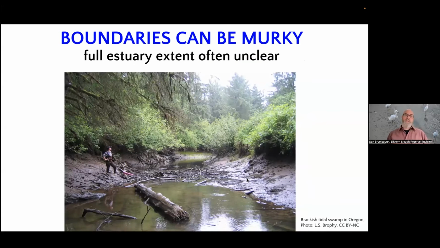Sometimes the boundaries can be pretty murky, even more natural parts of estuaries. For example, here, the canopy of a tidal forest may obscure the underlying hydrology that indicates that this is part of an estuary. So we have these uncertainties about boundaries and original extents that can plague our full understanding of how estuaries were and are.